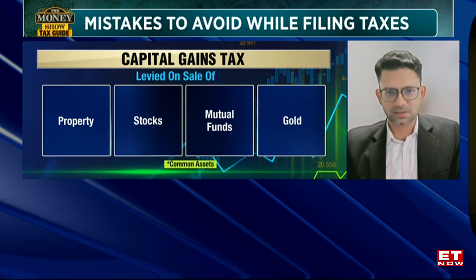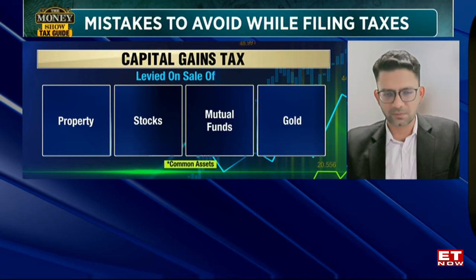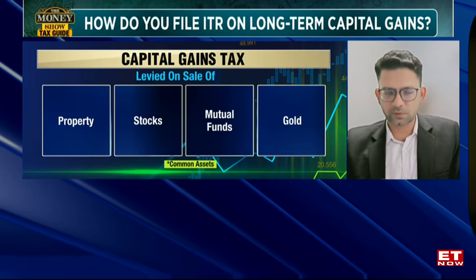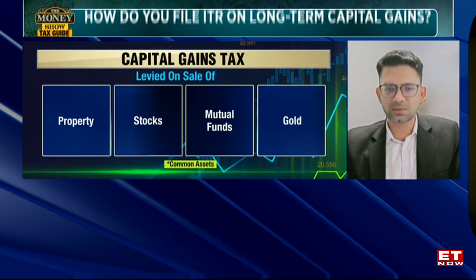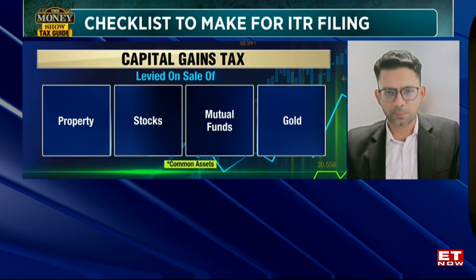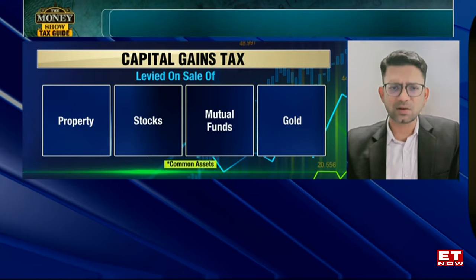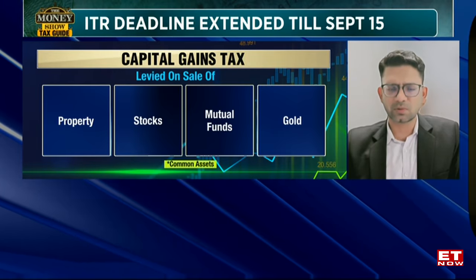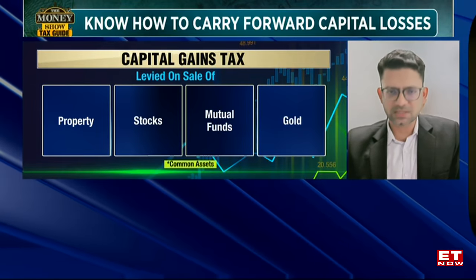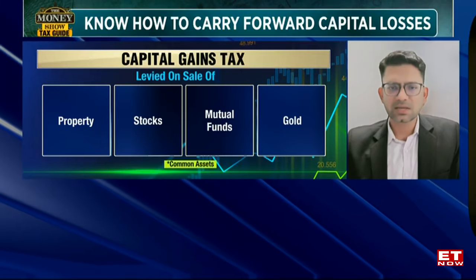There's a subtle difference. You have to be an investor, investing into some assets, be it properties, mutual funds, or share securities, and the purpose behind it is not business income. It's just your passive income.